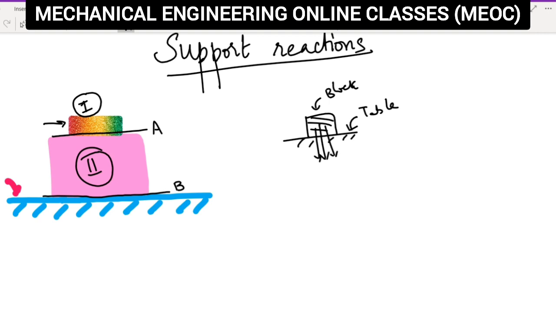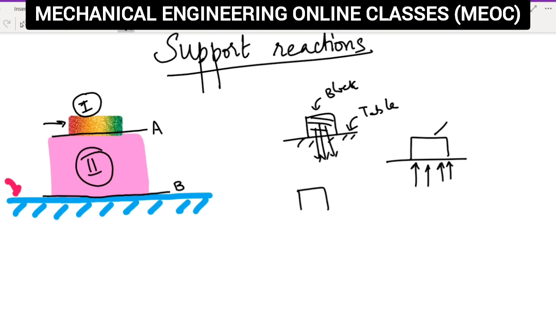Because there is some reaction from this table onto the object that is kept upon it. So that's the reason why A is not penetrating through B, and B is not going into the table, nor is the table going into B. They are not going into each other, they are lying on each other. So how is that happening?